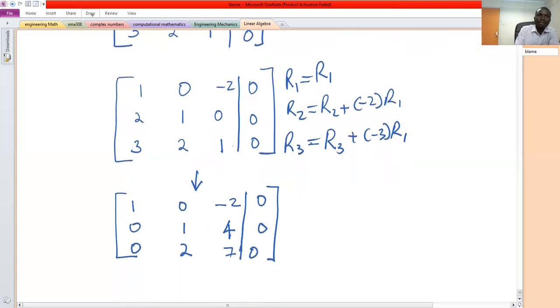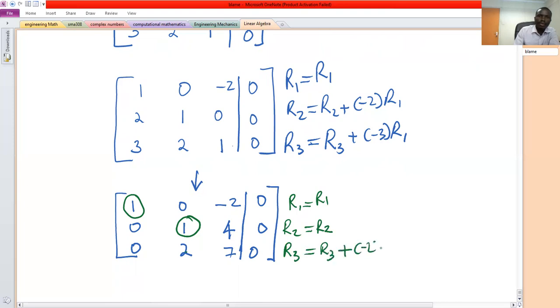Now with this step, you see this is the leading one in row 1, and this is the leading one in row 2. So the problem here is we need to make this entry 0. So we say row 1 stays row 1, row 2 stays row 2, and row 3 becomes row 3 plus minus 2 times row 2.